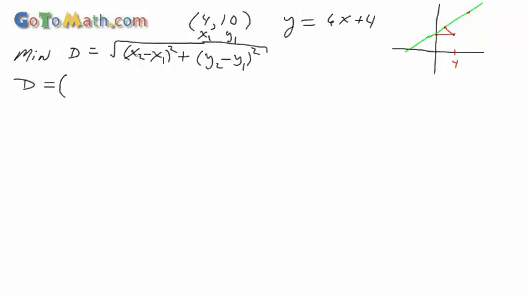So x2, which is just going to be our x, minus our x1, which will be our 4, squared. Then we have y2, which is 6x plus 4, minus our y1, which is 10.